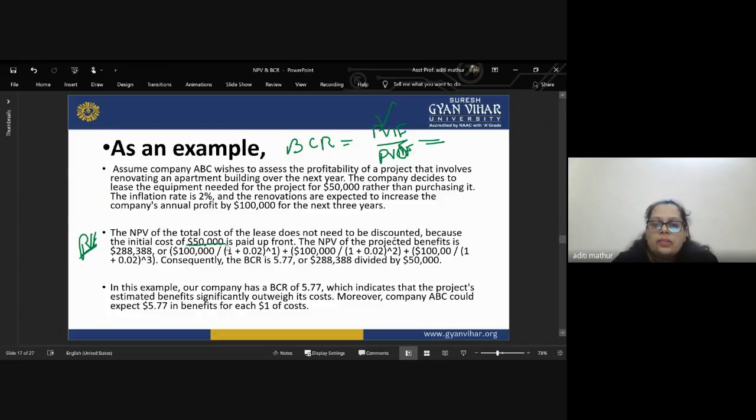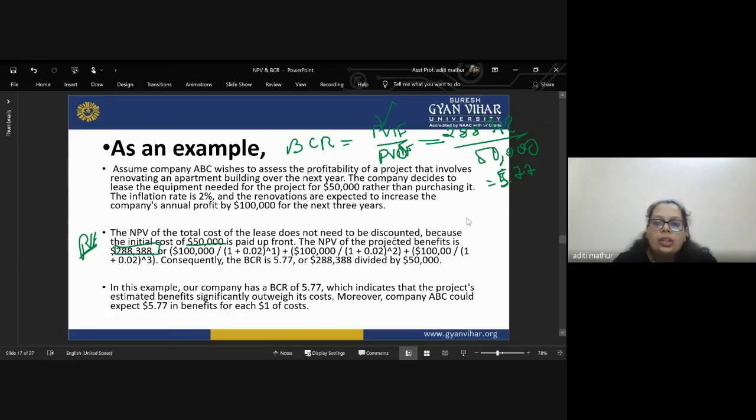Initial investment is 50,000 and benefits are coming to this amount, right? So your ratio will be 288,388 divided by 50,000, which is 5.77. So it is greater than 1, right?